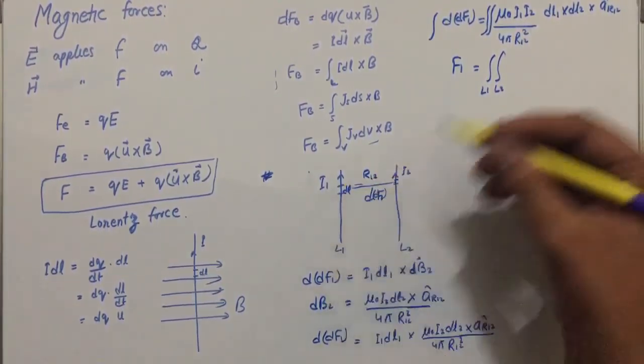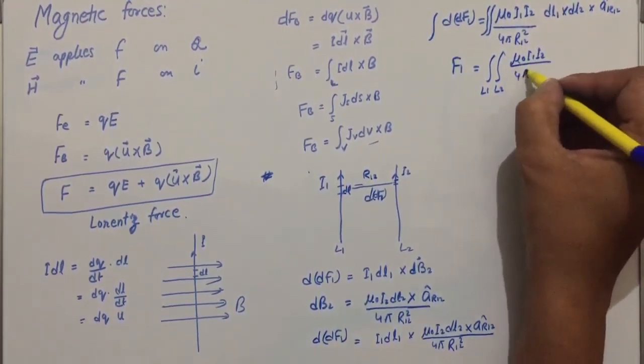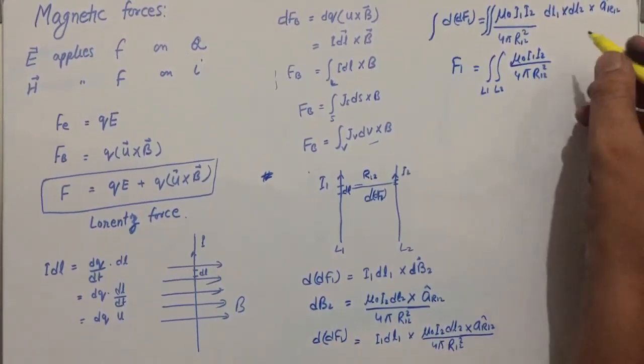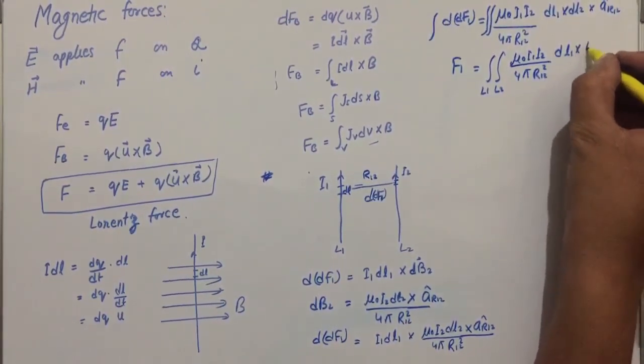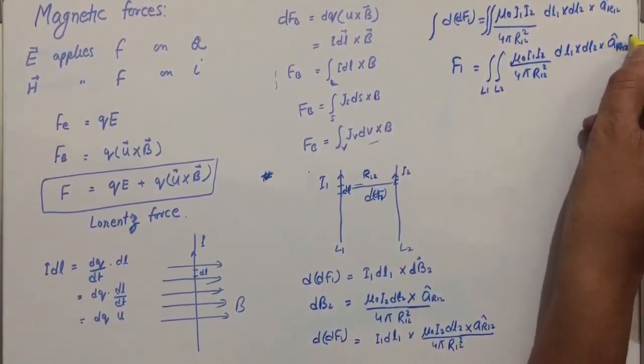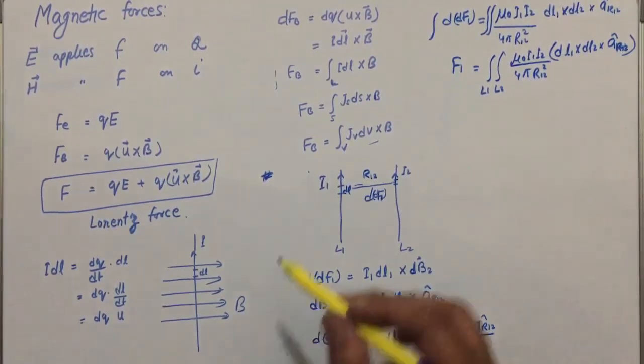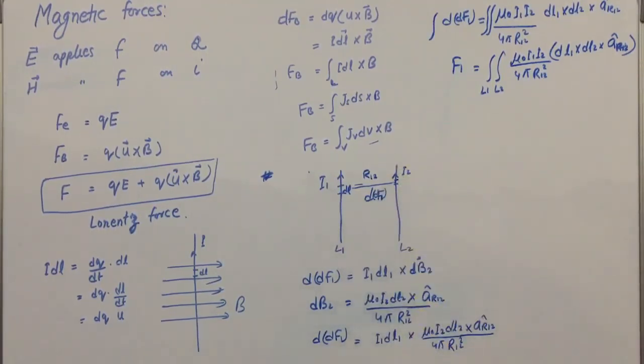If we integrate for the full length, then it will be mu naught I1 I2 divided by 4 pi r12 squared, dl1 cross dl2 cross a r12. Okay, so this is the total force on this line from the other line when the lines are carrying currents I1 and I2. Similarly, the same force will be exerted on the other one, in the opposite direction.